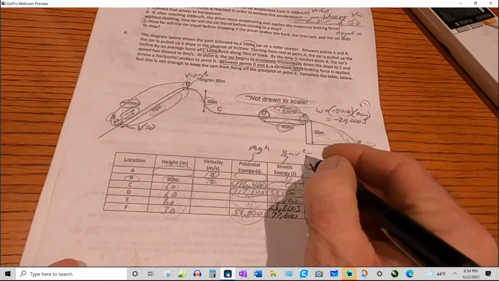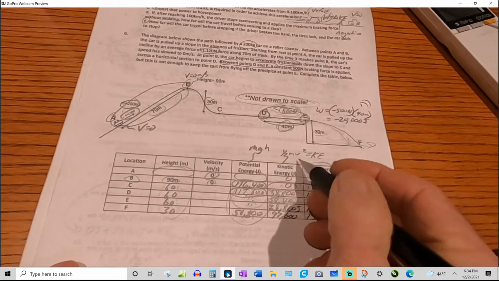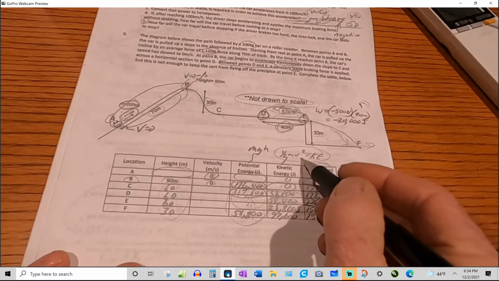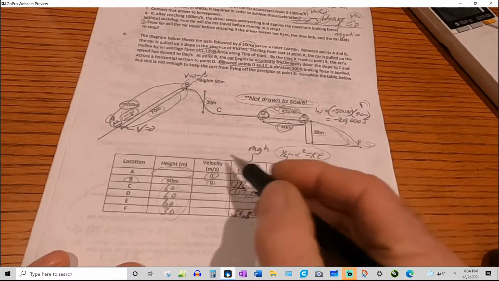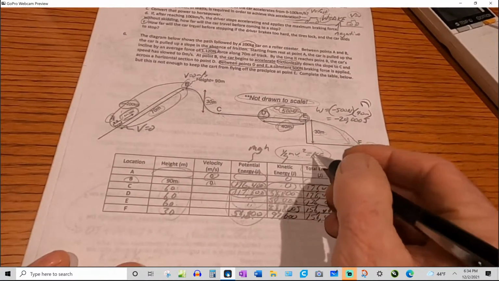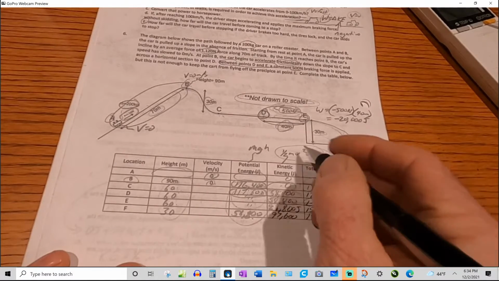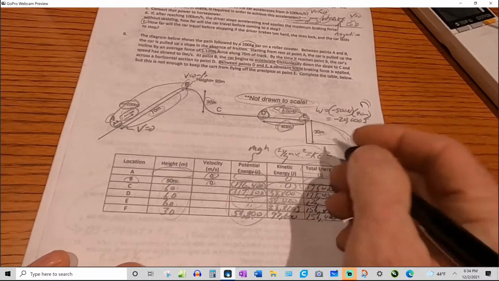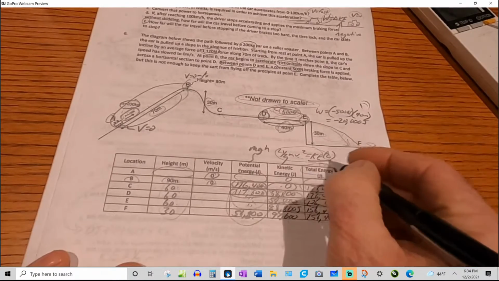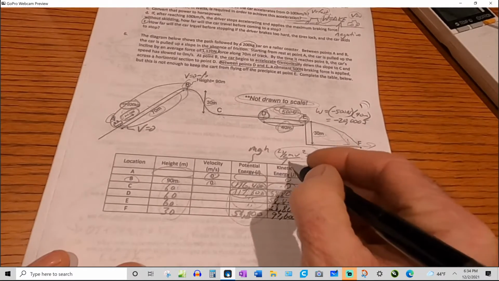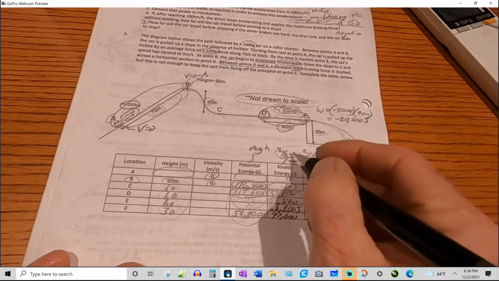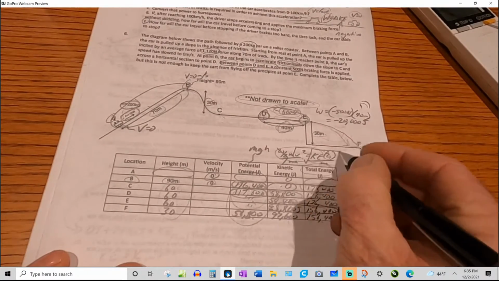So if kinetic energy equals 1/2 mv squared, if I want to solve this for velocity, I can just multiply both sides by 2 and divide both sides by m, and then take the square root of both sides, and I've got it.